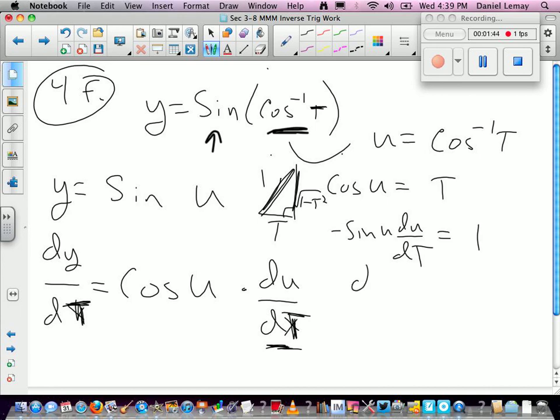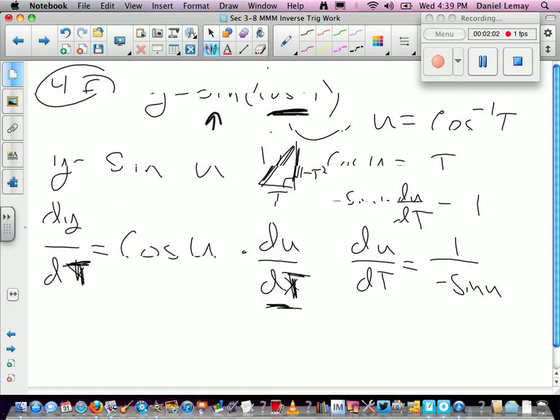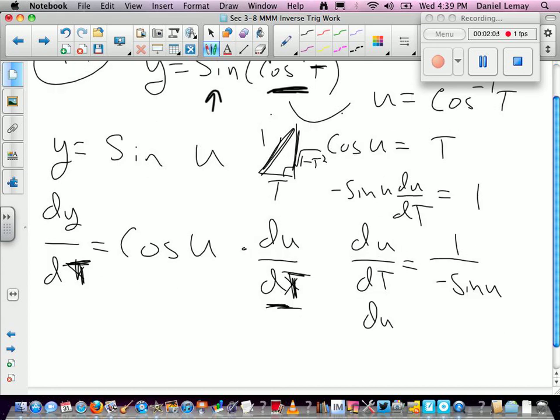And then I'm going to divide both sides by negative sine u, which equals 1 over negative sine of u, and so we know that's equal to the negative cosecant. So we've got du/dt equals the negative cosecant of u.